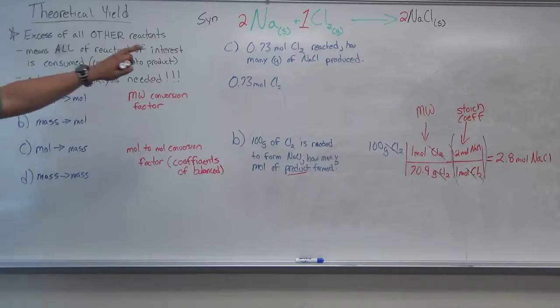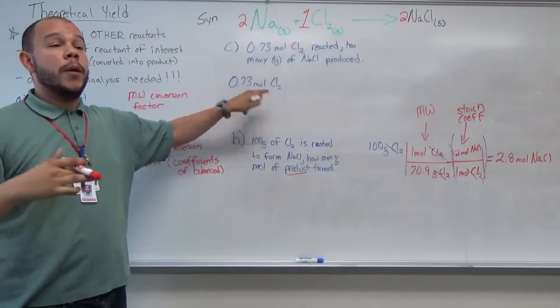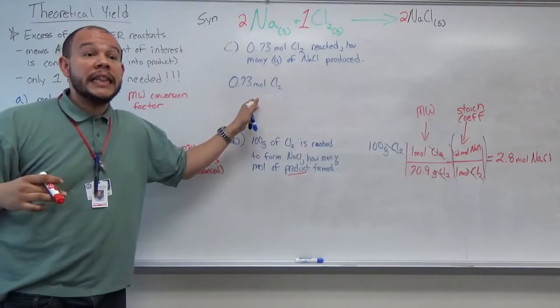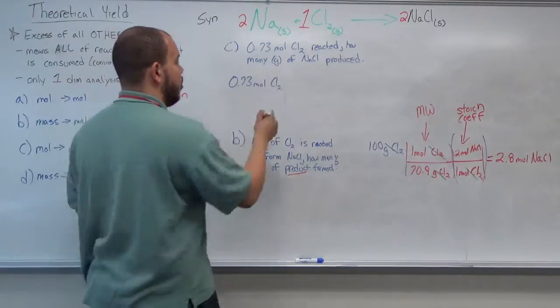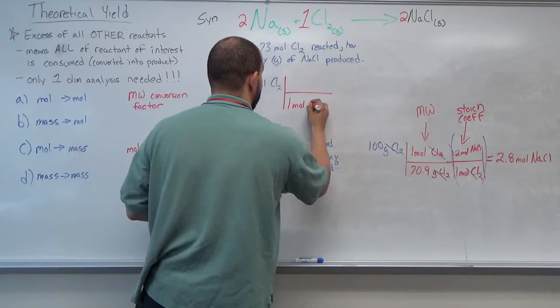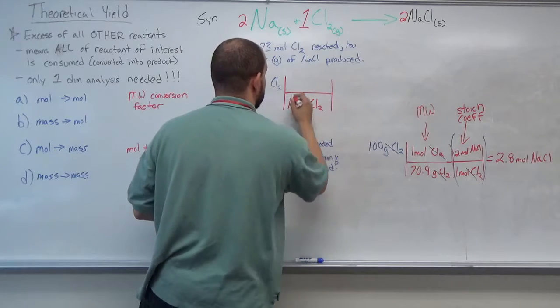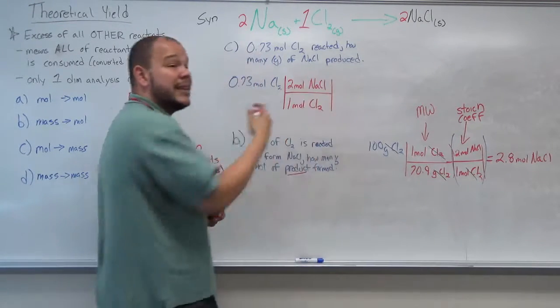Again, we already are in the apples, if you will. We don't need to do molecular weight conversion in this step because we need to get to sodium chloride. So our dimensional analysis is 1 mole of Cl2 to 2 moles of NaCl. Hopefully this clicks.